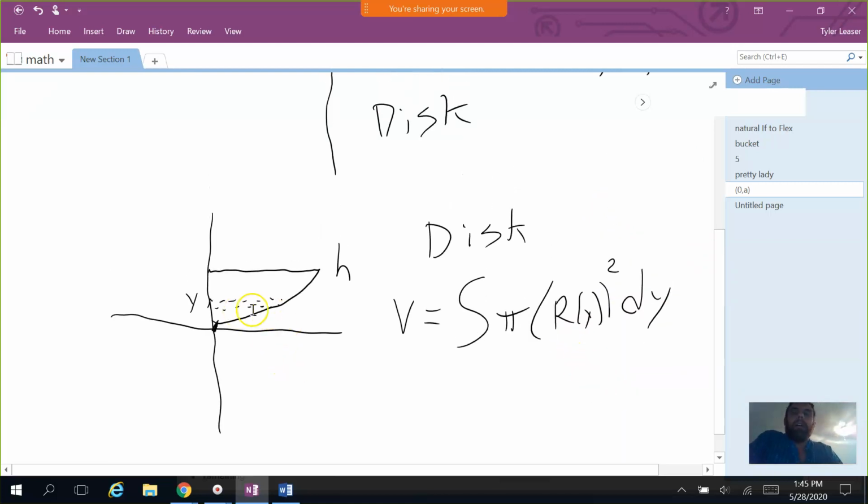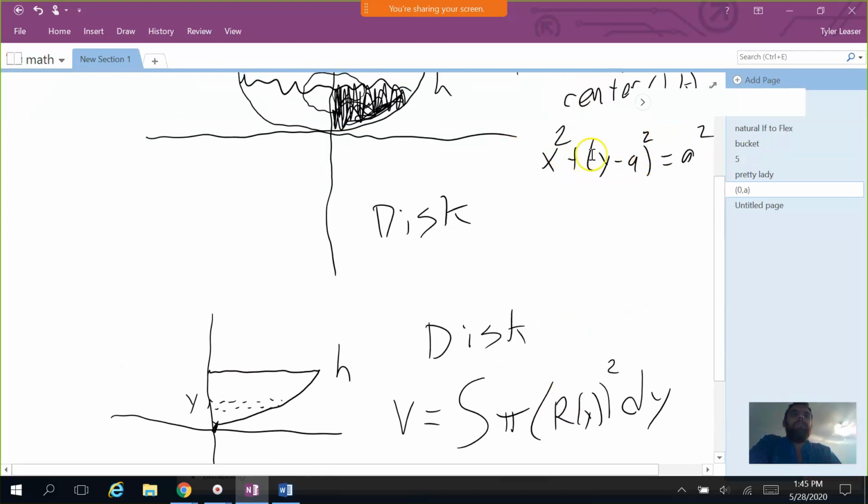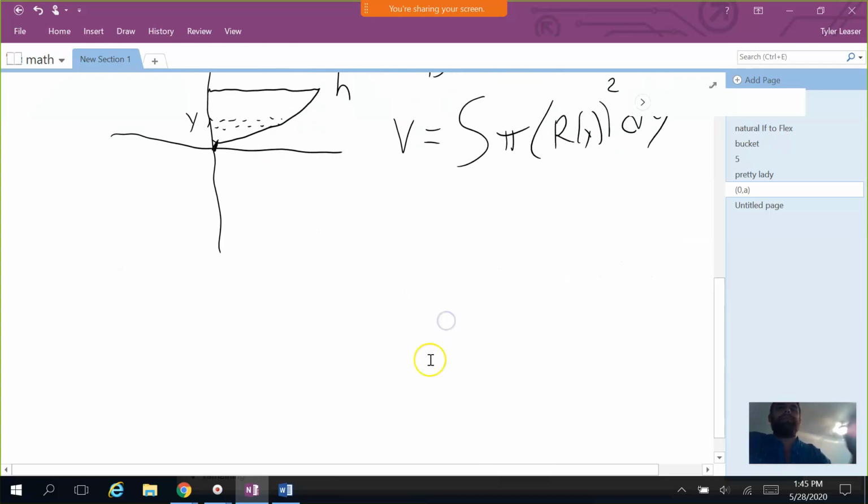Okay. This radius as a function of y is going to come from the formula for this circle here. I have to have it solved for x. That way it's a function of y. So I'm just going to subtract this (y minus a) squared over. Copying down the circle formula, x squared, we're copying it and subtracting it over.